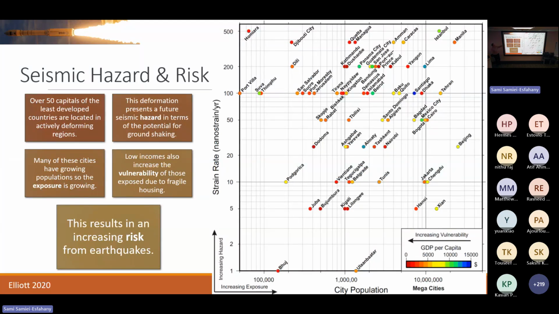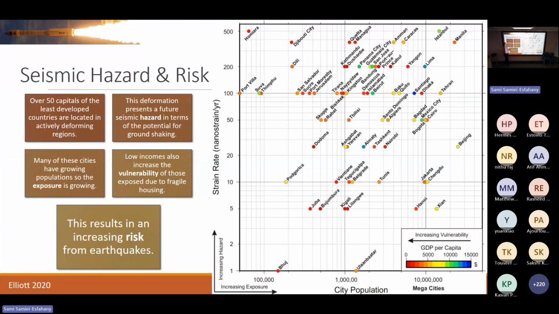So one metric of doing that is to look at, say, 50 capitals here. They're all located in deforming parts of the region, places that are building up that pressure. And that build-up of strain is the hazard. These cities are there, so they're exposed. That's your exposure, the people and the buildings that are on those bits of the crust that have that hazard.